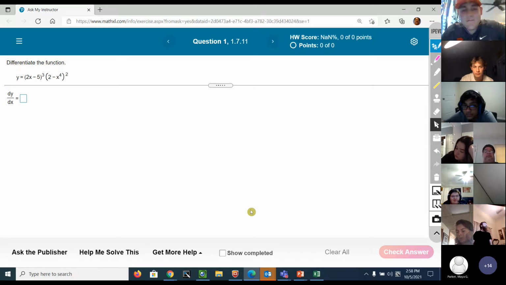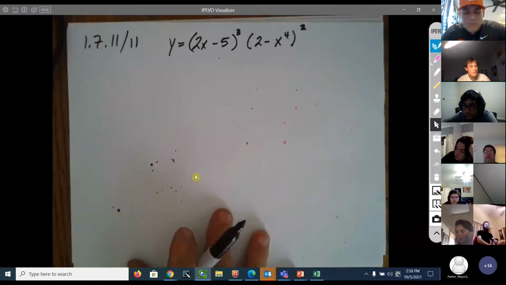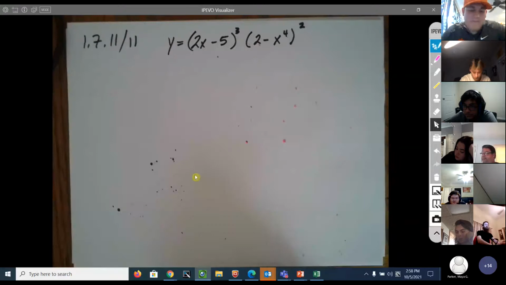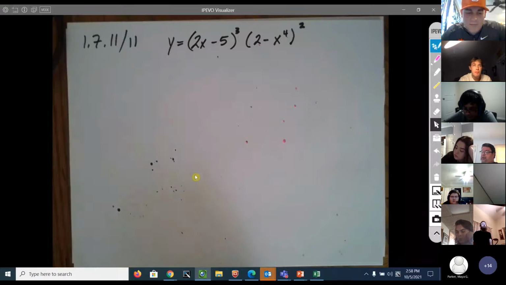I've never seen this before, 2 minus x to the fourth, not until the last couple of years. That must be some kind of new initiative or something. Must be that Tide Pod milk crate math. All right, so we've got to use the product rule and the chain rule.